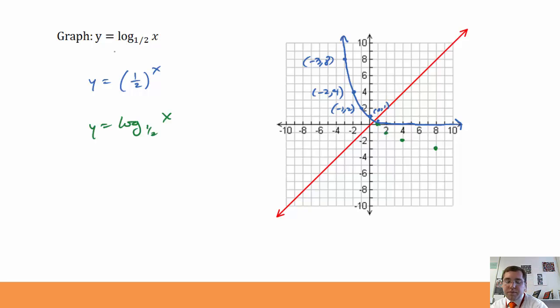The point (1, 1/2) becomes the point (1/2, 1). The point (2, 1/4) becomes the point (1/4, 2). And this has an asymptote, just that it's a vertical asymptote of the y-axis.